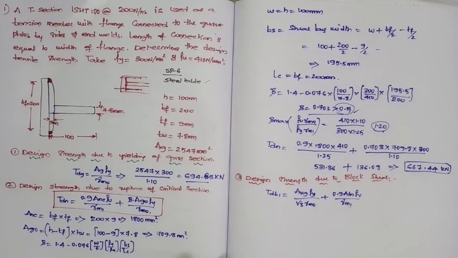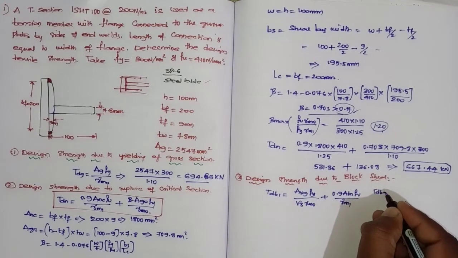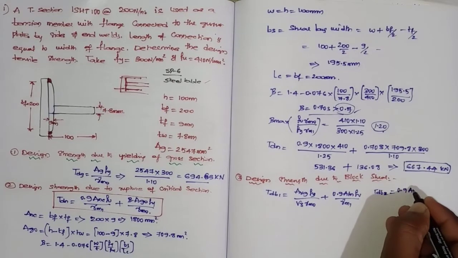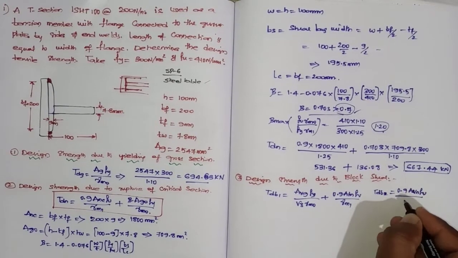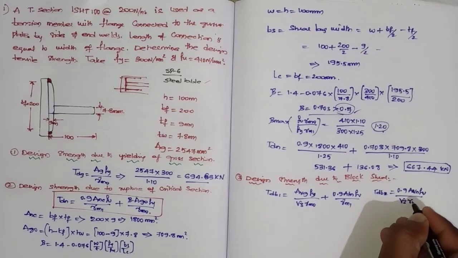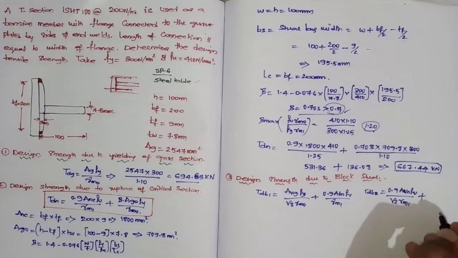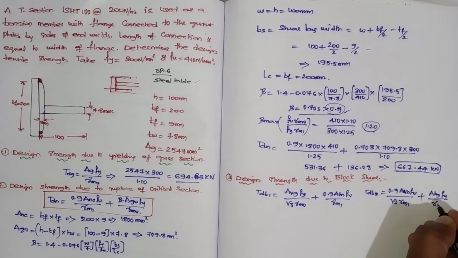And what is another formula? I write here beside this one. TDB2 means 0.9 AVN Fu by root 3 into gamma m1 plus ATG Fy by gamma m0.